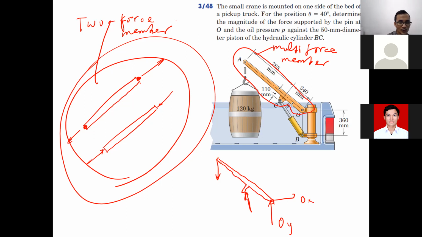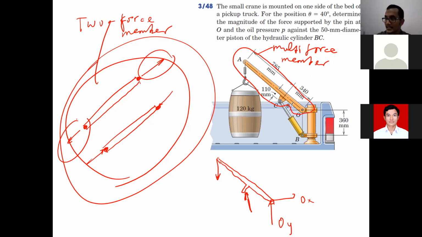What you need to know is how to determine which part is a two force member, and how to determine whether a member is a two force member or not is just by looking at where the force is given. If the force is given only at both ends like this, it must be a two force member.